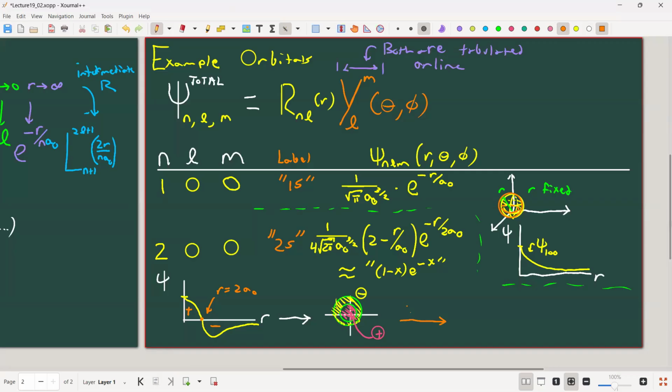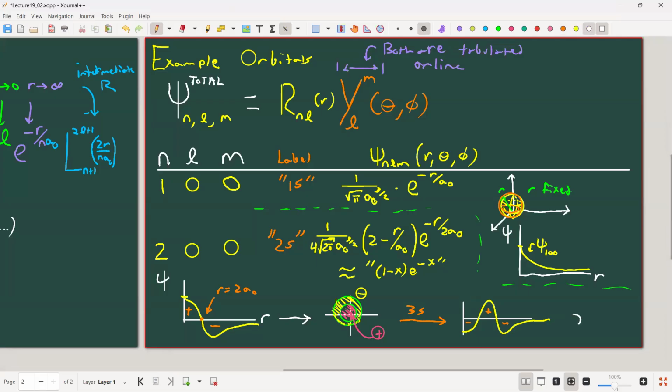And so for the 3s, we can assume that the function is going to look something like this, where we have a negative, a positive, and a negative region.